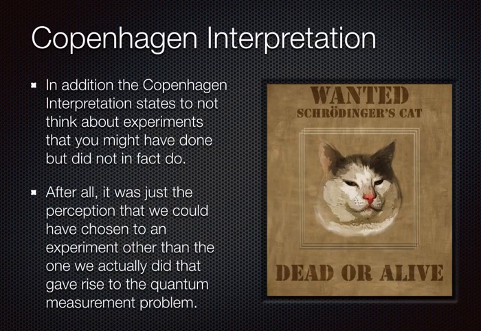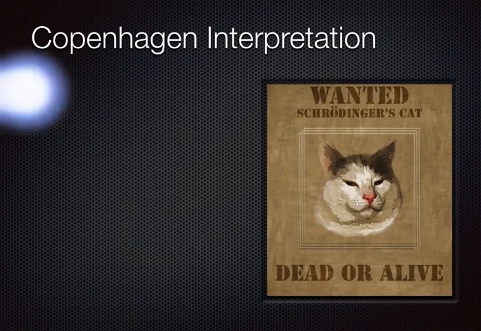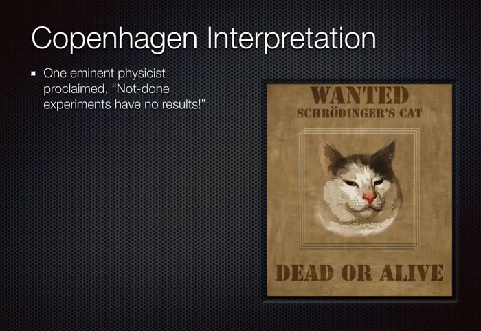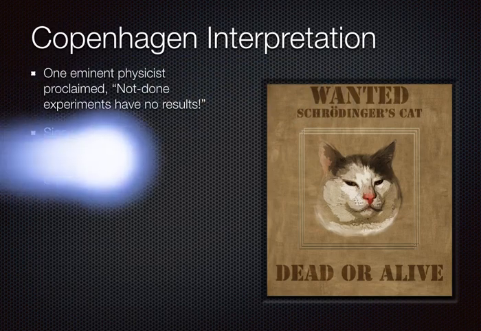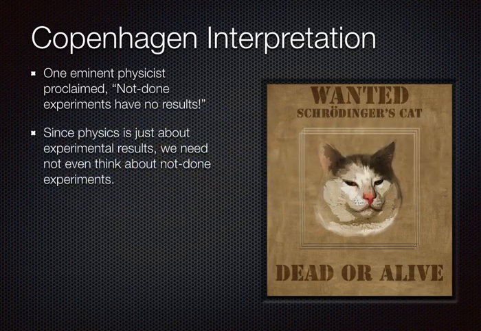Remember, the whole problem, free will and all this, is the fact that we could have chosen what to do, right? He's like, no, don't. You can't think about experiments you didn't do or that you could have chosen to do. One eminent physicist proclaimed, not done experiments have no results. Since physics is just about experimental results, we need not even think about the not done experiments.